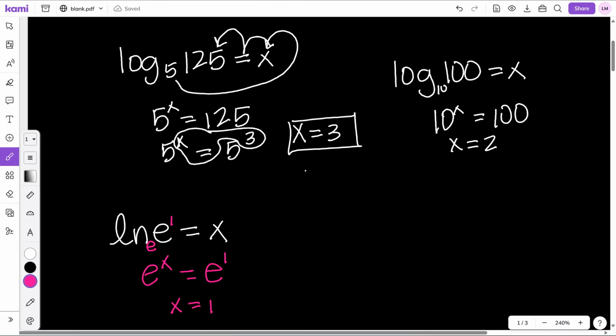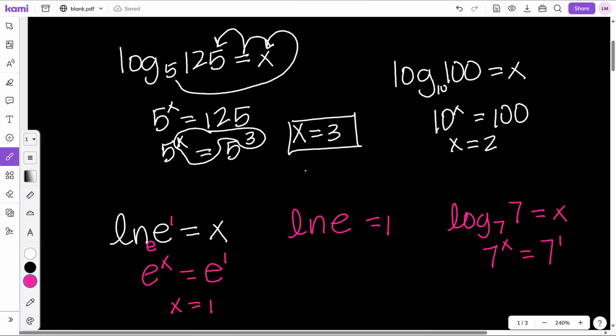So think about that: if my base is the same as my argument, it's 1. Is that true all the time? Log base 7 of 7, is that equal to 1? Well, let's change it to exponential and see. 7 to the x equals 7 to the first. So yes. If my base and my argument are the same number, you can simplify that to just 1.